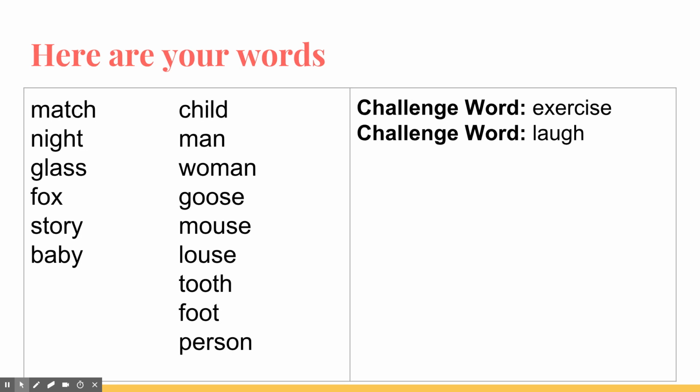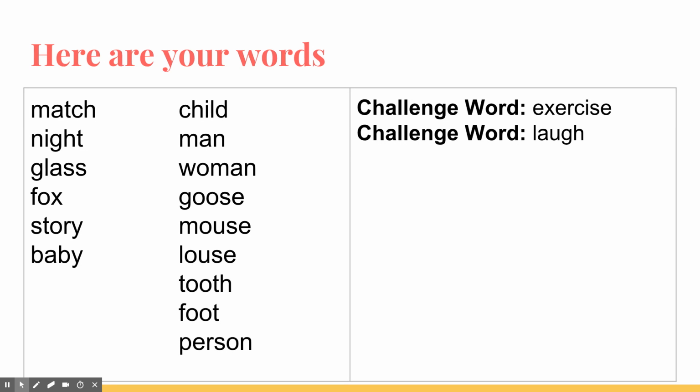The irregular singular nouns, we have child, man, woman, goose, mouse, louse, tooth, foot, and person. And then the plural forms of those are children, men, women, geese, mice, lice, teeth, feet, and people. Don't forget your challenge words are exercise and laugh.